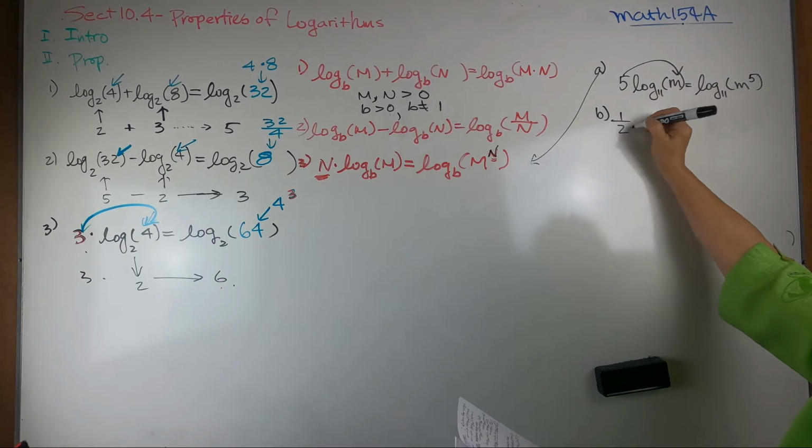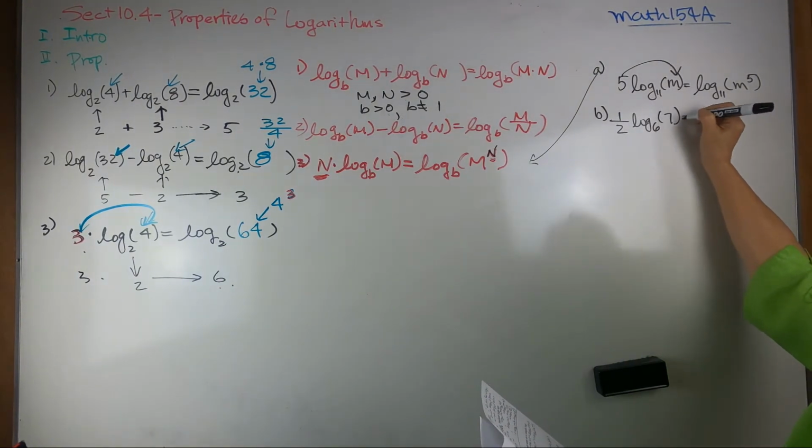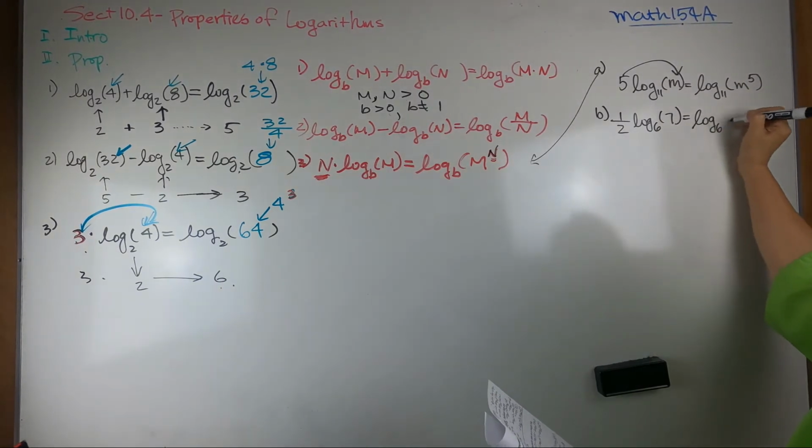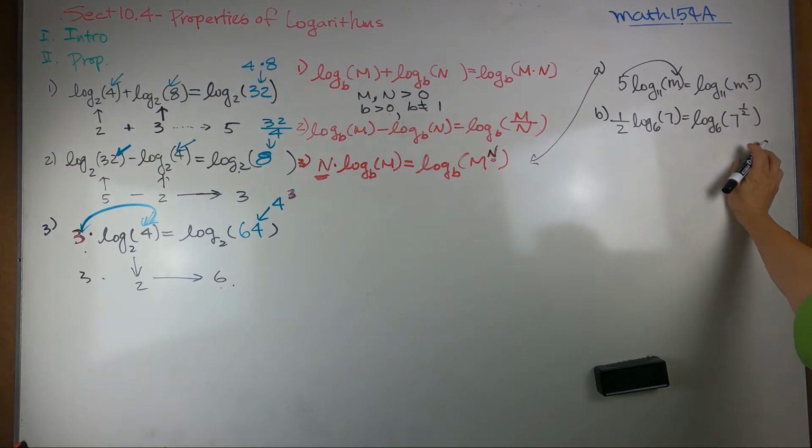If I have a half log base 6 of 7, what should I have? If I move it inside, it would be 7 to the half power. You can just leave it that way, okay?